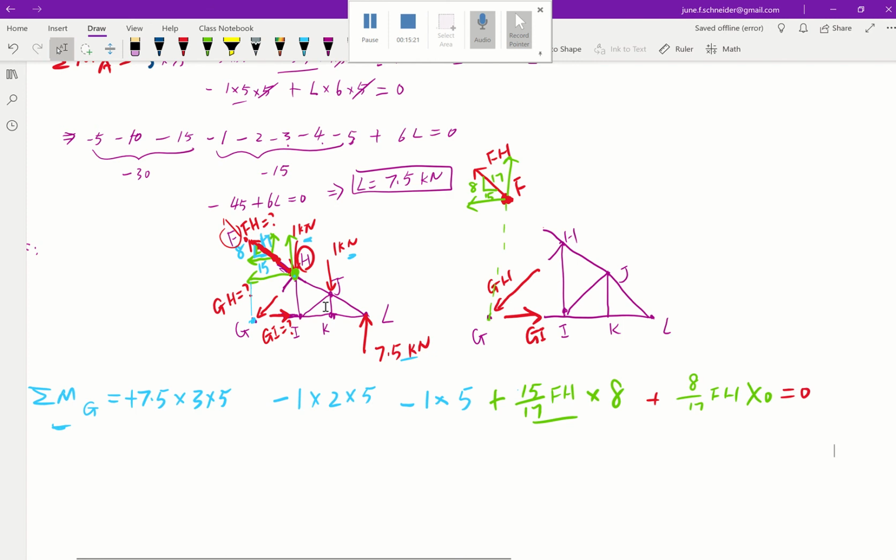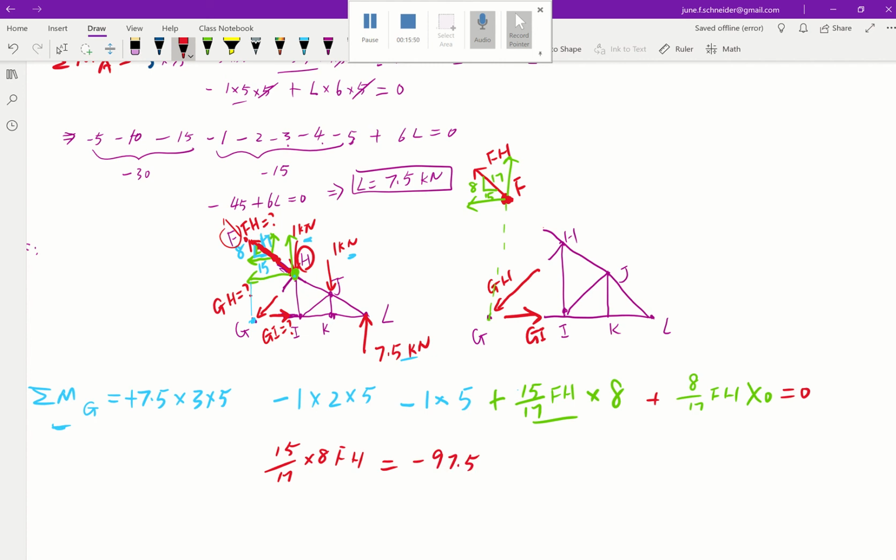So we have 15 times 7.5, 112.5 minus 10 minus 5. All right, so we'll have 15 over 17 times 8 FH. That's going to give us an answer of negative 97.5.